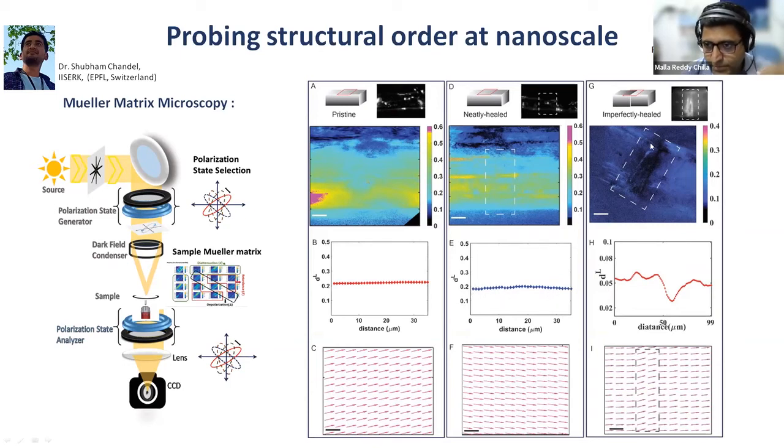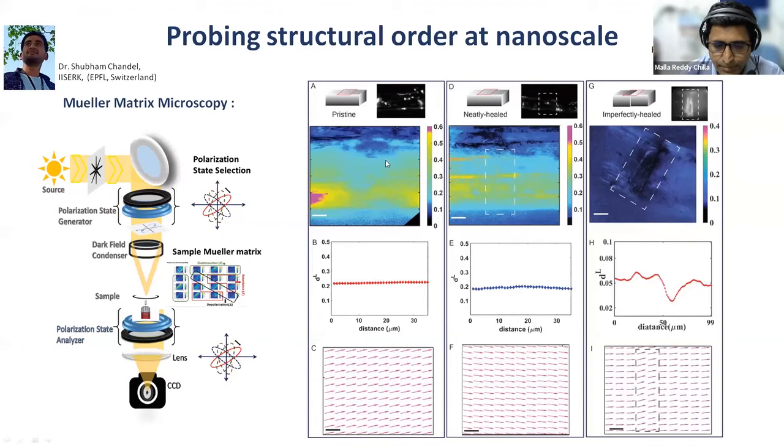But when you had a visible crack in the crystals, the order is many times lower. So when you see the crack, the local order is gone, and the crystal basically loses the crystalline order.